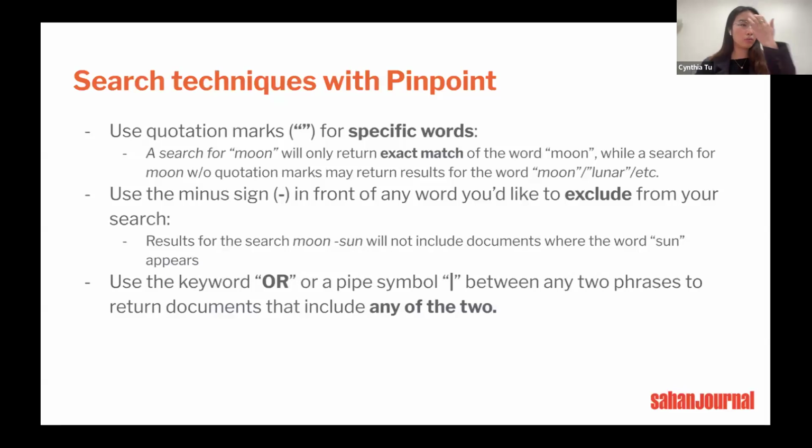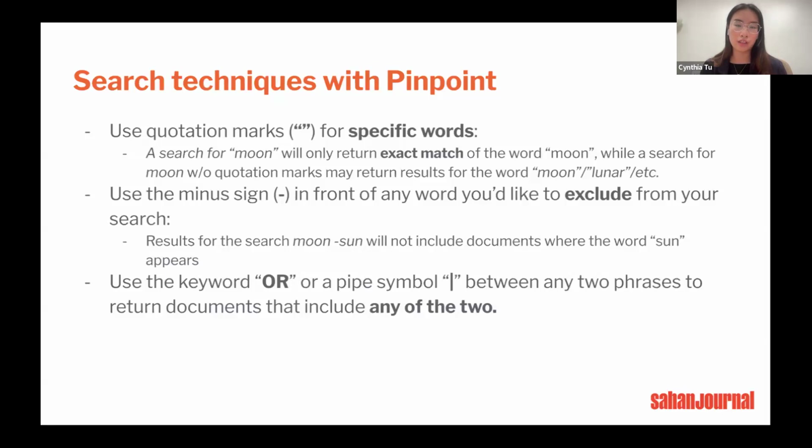Yeah, so one of the fun features of the tool is you can do keyword search within the documents, and it's kind of like how you would search for stuff on Google itself. So you can use quotation marks to search for specific words, and it will also conduct semantic search.